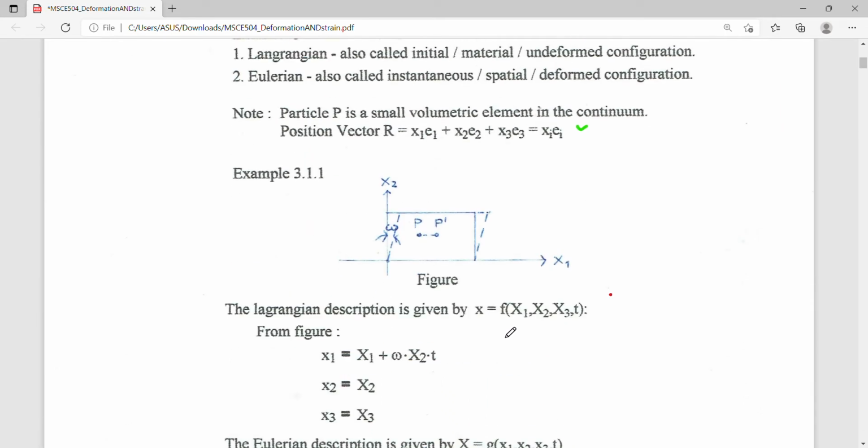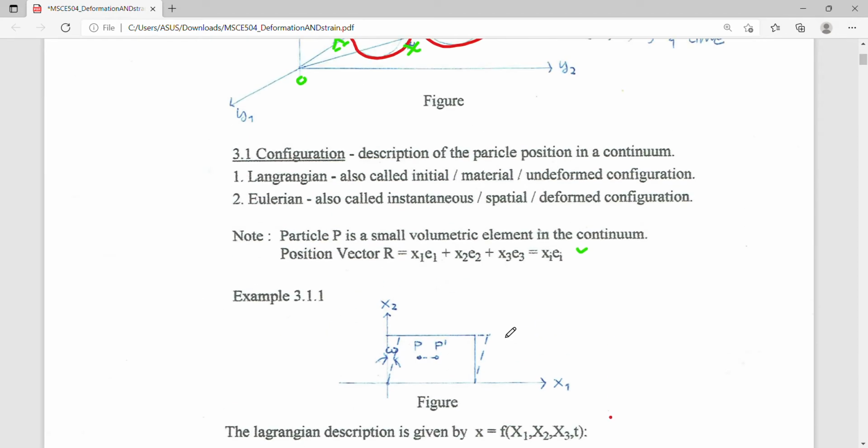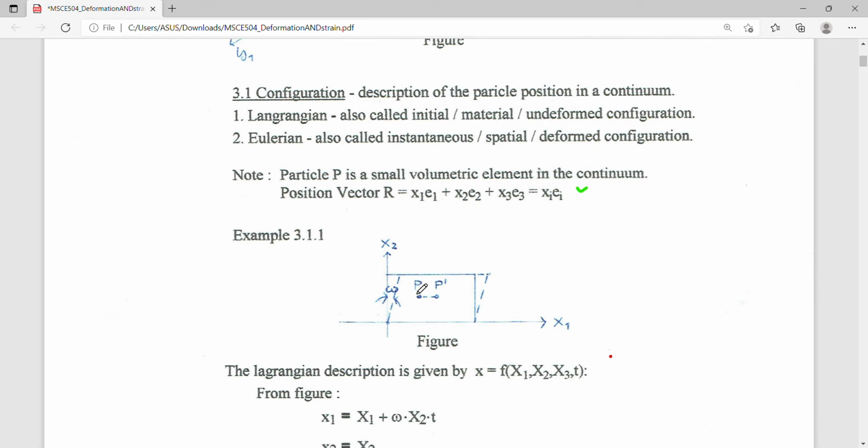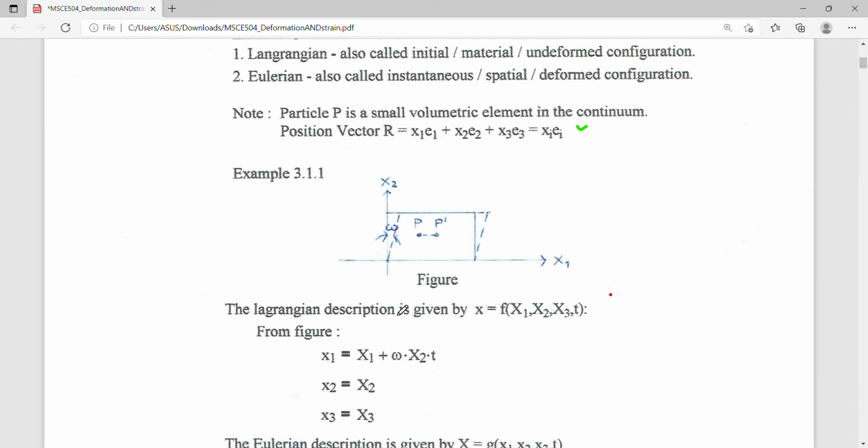To understand better what we're talking about in this particular system, we consider a rectangular body, say ABCD, which is allowed to deform in terms of lateral displacement, assuming that the bottom part AD is fixed.